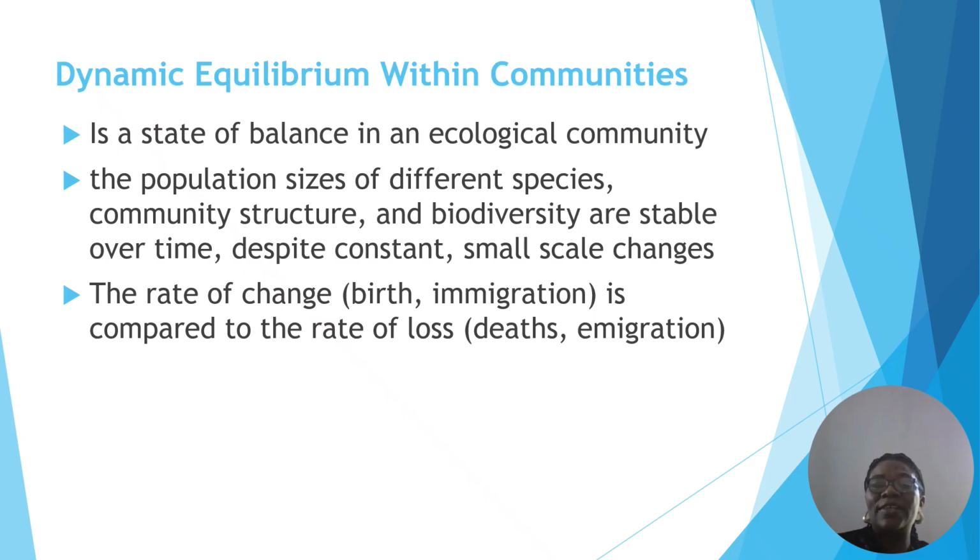The population size of different species, community structure, and biodiversity are stable over time despite constant or small scale changes. That is, despite the changes that we have, you have a stable population size for different organisms. So despite the addition, the suppression, whatever the condition, we still have a stable internal environment within the community for each of the populations.